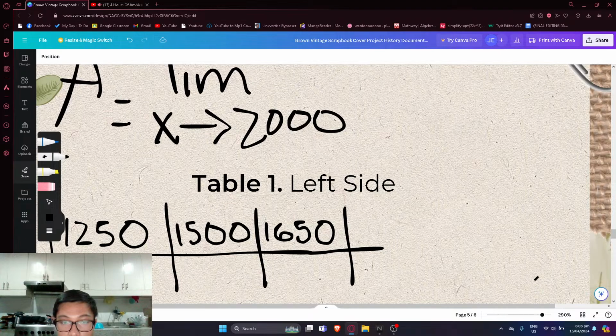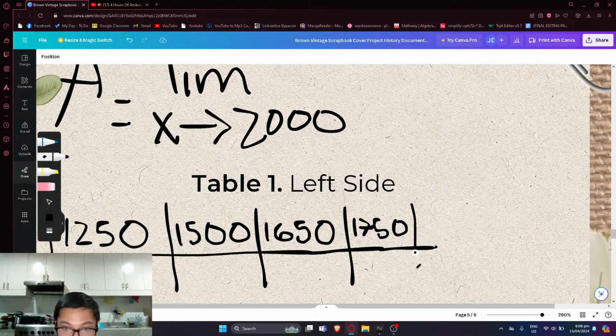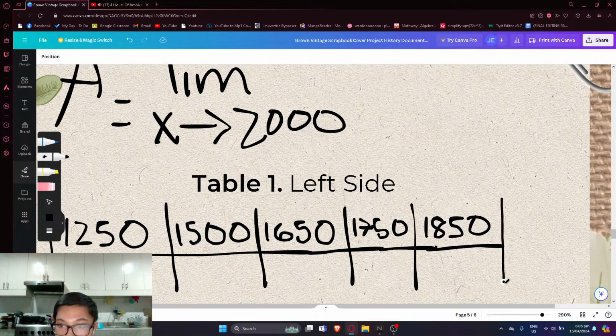Tapos, pwede naman din 1,750. 1,850. 1, 2, 3, 4, 5, and then 6. Let's try to go with 1,900. 150.